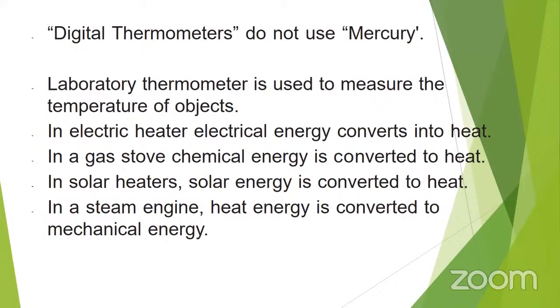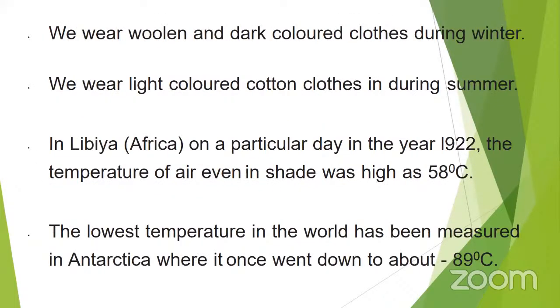In solar energy, solar energy is converted into heat, that we know. In a steam engine, steam heat energy is converted into mechanical energy. So here are some of the applications that we see.